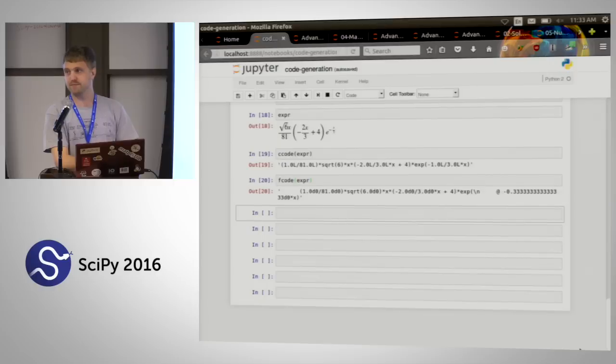Is there a certain subset of features that we have to restrict ourselves to so that it applies to very fast code? Well, each code generation function is going to have whatever functions it supports. For example, if you have some function that isn't implemented in the C standard math library, it's not going to know how to code generate that.